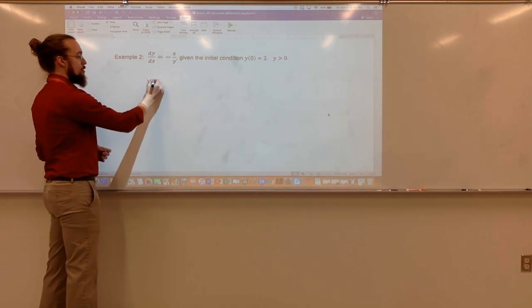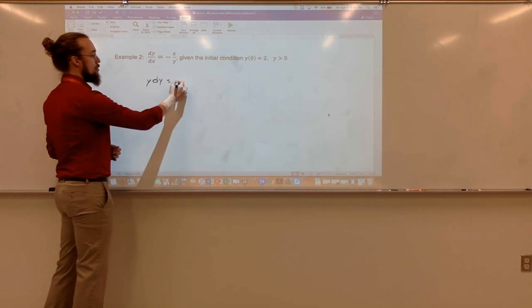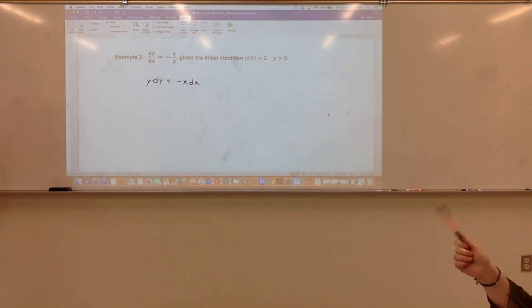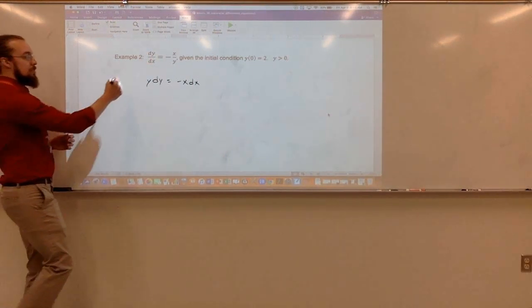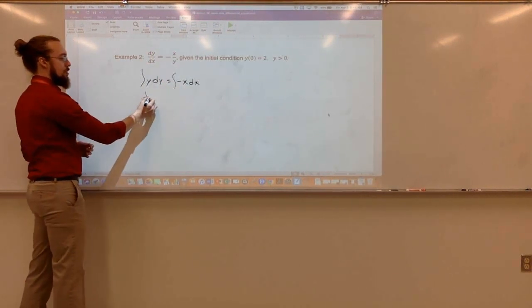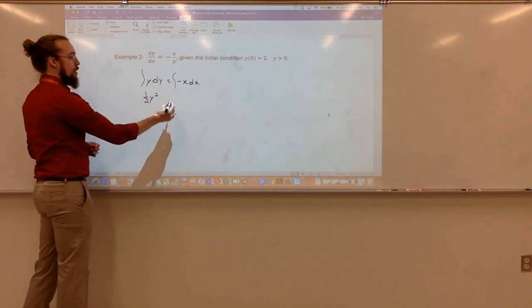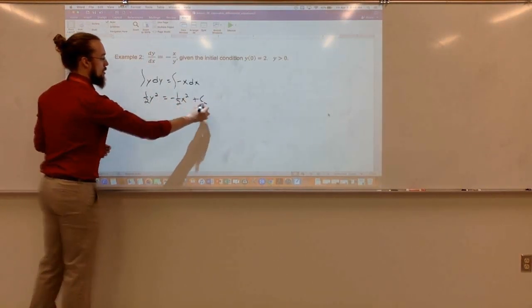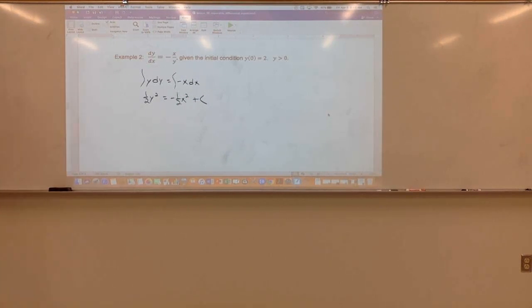So we can say y dy equals negative x dx. Separate the variables. And take the antiderivative of both sides. 1/2 y squared equals negative 1/2 x squared plus c.